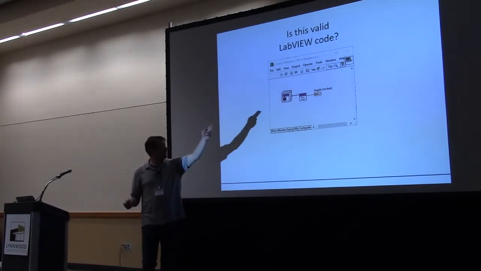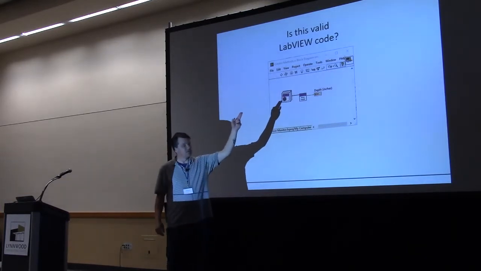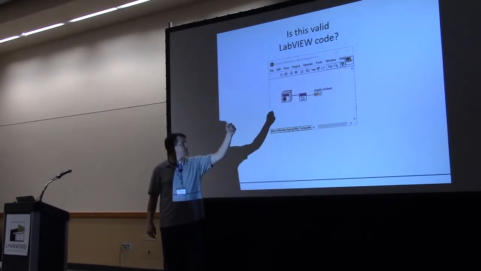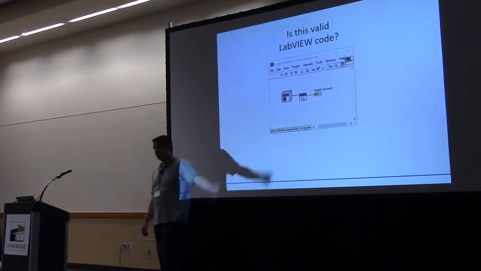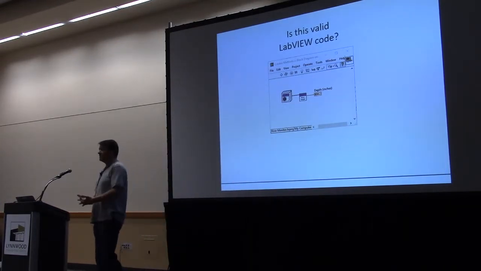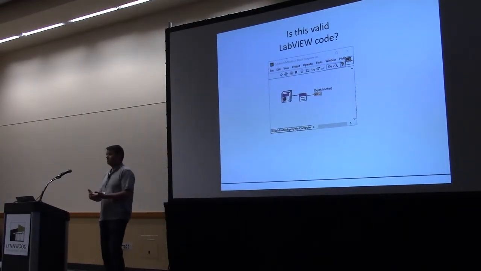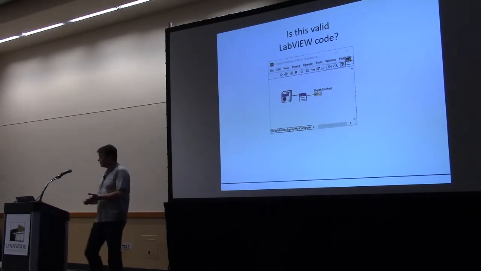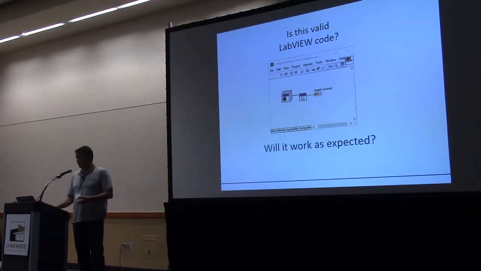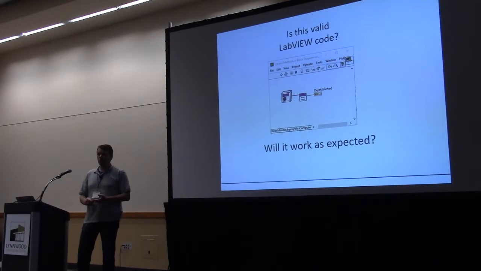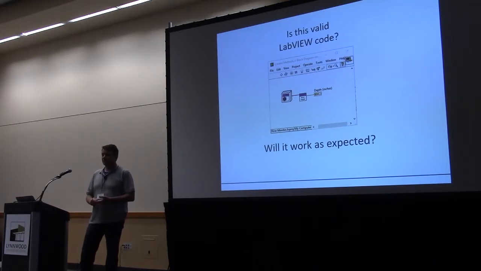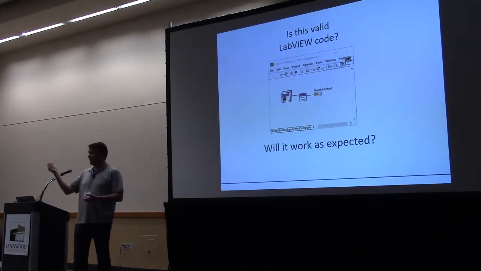So the question is, here we have a depth gauge object at runtime. It's going into a depth gauge method that is supposed to return a number. Is that valid code? Yeah, that's valid code. But the real question is, will this code work as expected? Anyone?